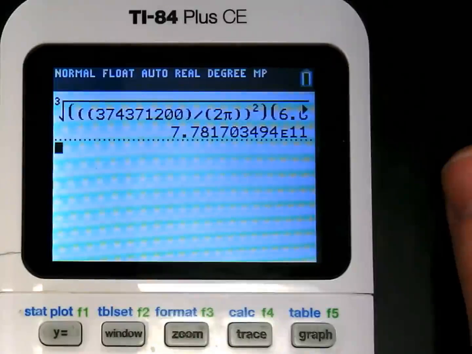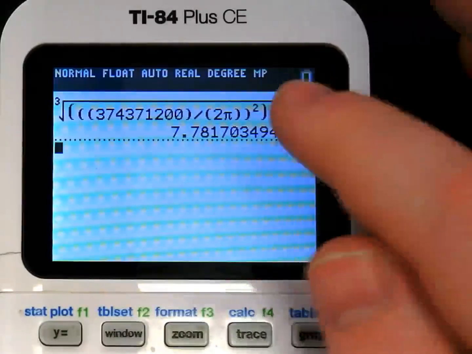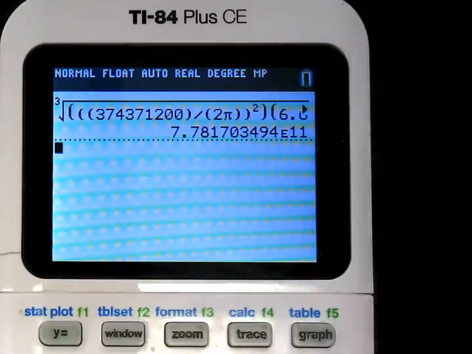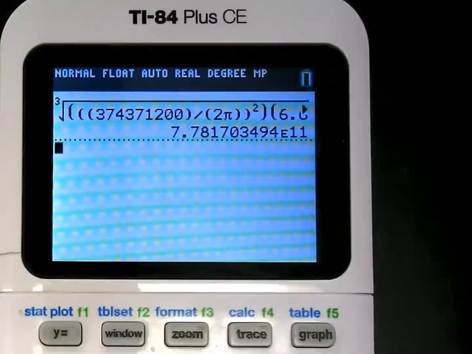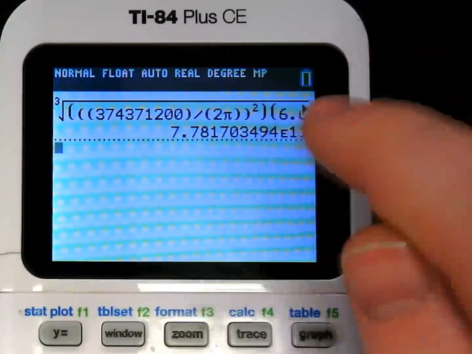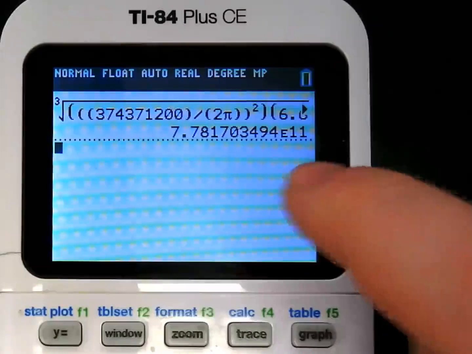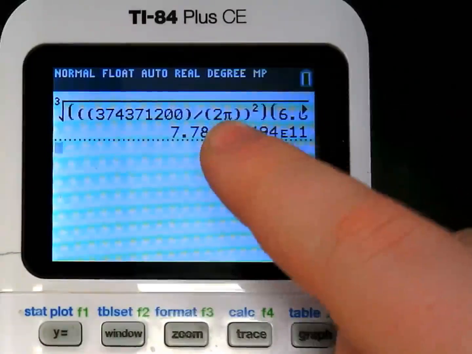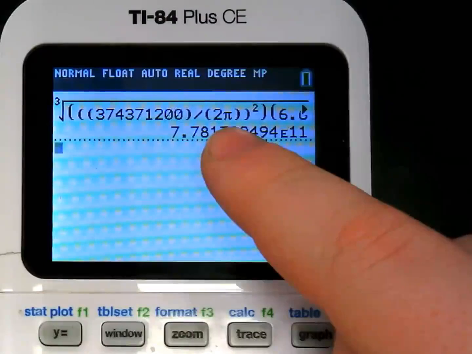So I'm going to advise you, any time that you have 2 pi something, it's not a bad idea to just put parentheses around the 2 pi. Because here it is not just important; it is completely necessary. The only way you're going to get the correct answer is putting the parentheses around the 2 pi.